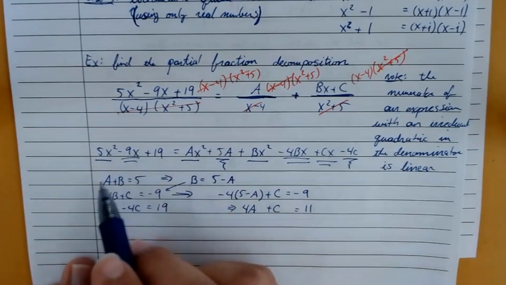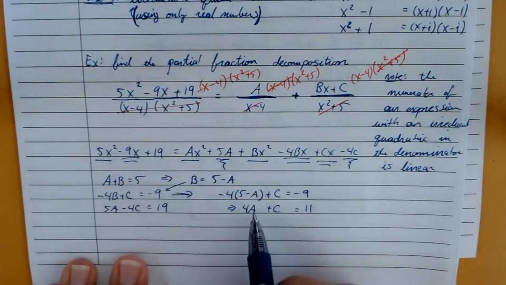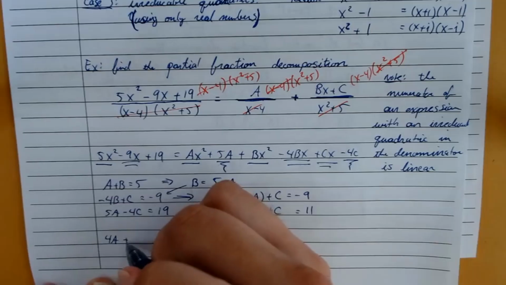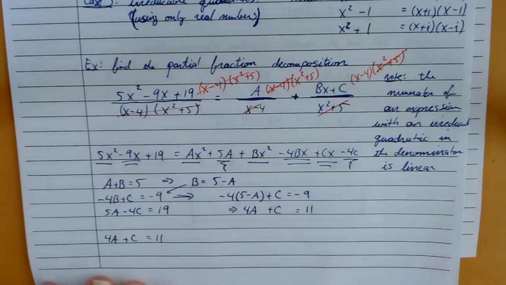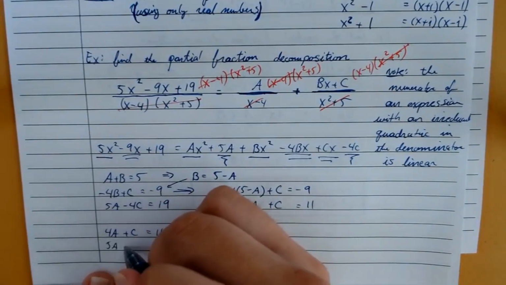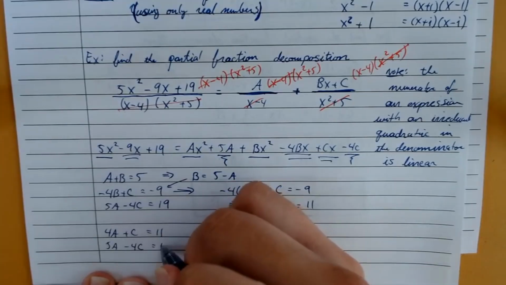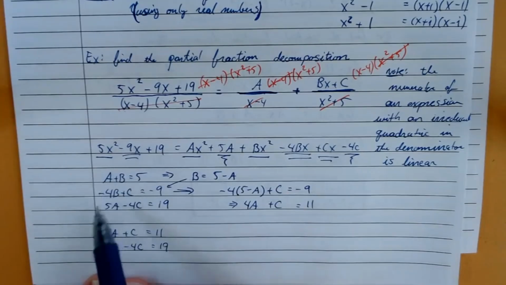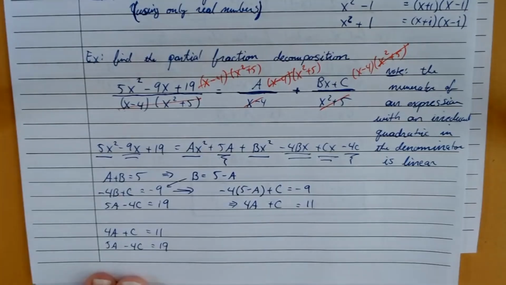So now, these top two equations have come together to give me a new equation. 4a plus c equals 11. And this bottom equation gives me 5a minus 4c equals 19. So now instead of having 3 equations with 3 variables, I have just 2 equations with 2 variables. And that should be easier to solve.